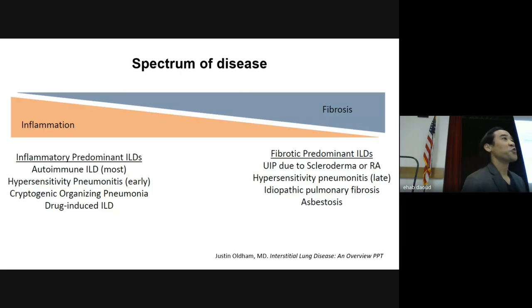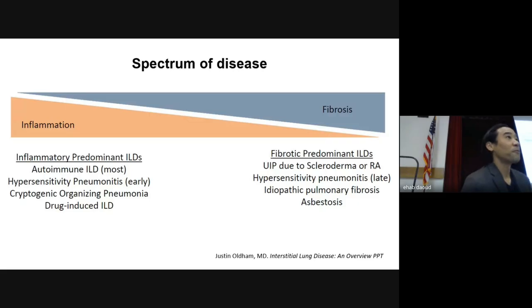Whatever the type of interstitial lung disease they have, it falls into the spectrum of disease. Either it's predominantly fibrosis or predominantly inflammatory. My hope is that when we see patients in the intensive care unit or in clinic, they're on the inflammatory end, because treatment options for them are a lot larger in terms of the spectrum of things that we can offer them.